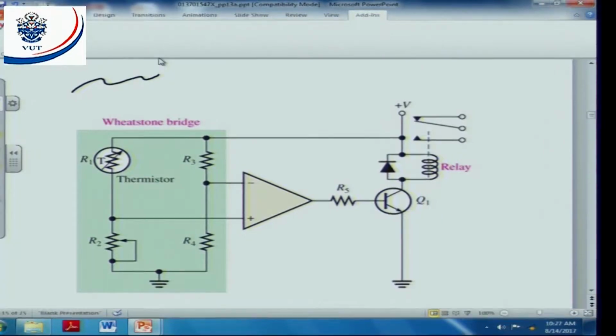Now I can write. Let's assume we make our reference voltage 5 volts.